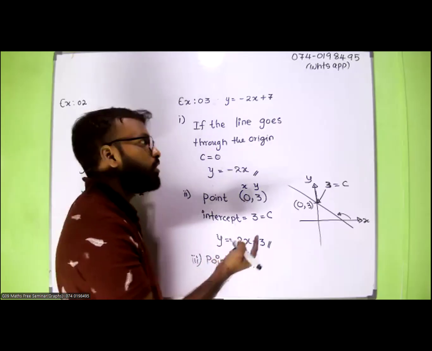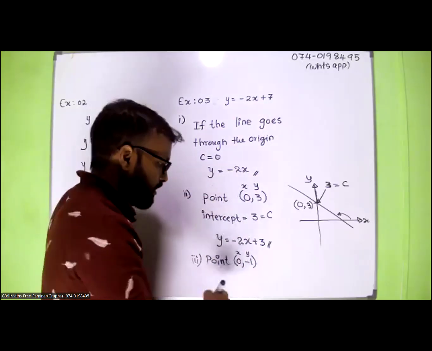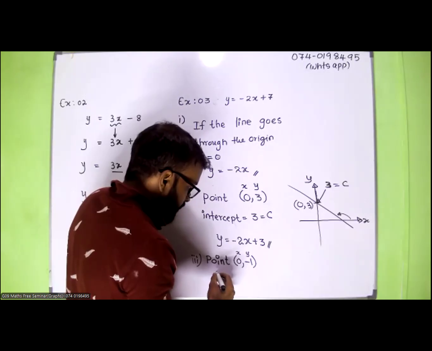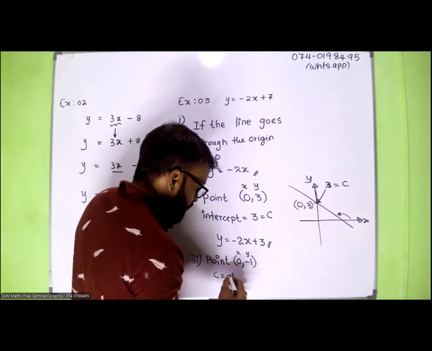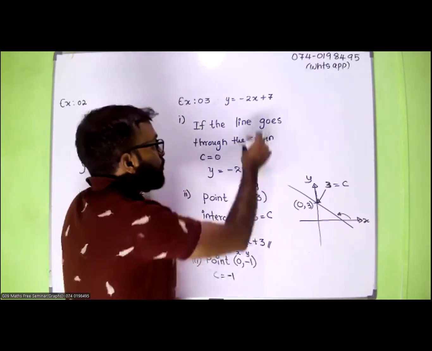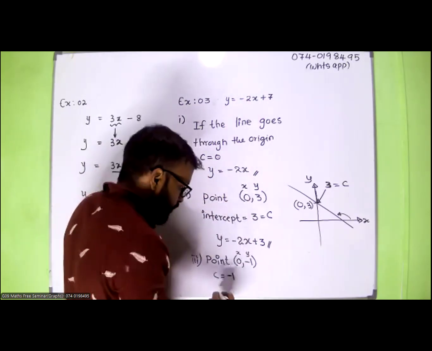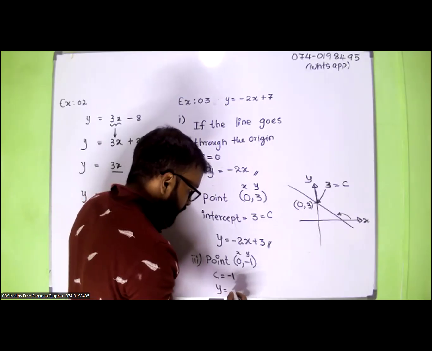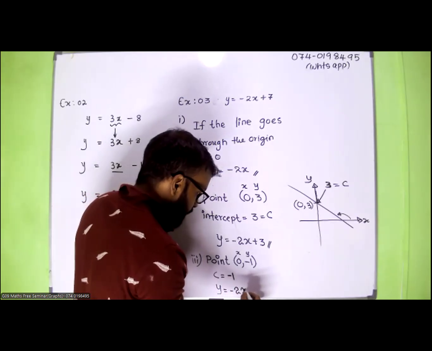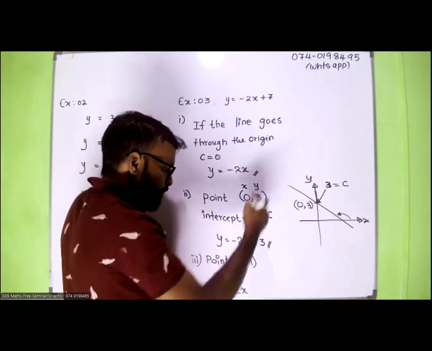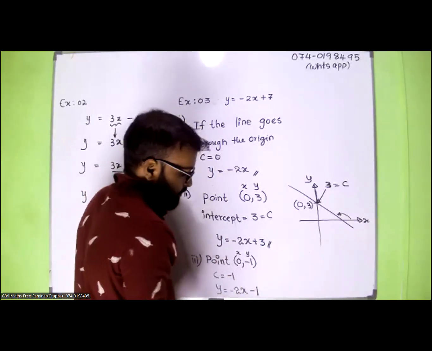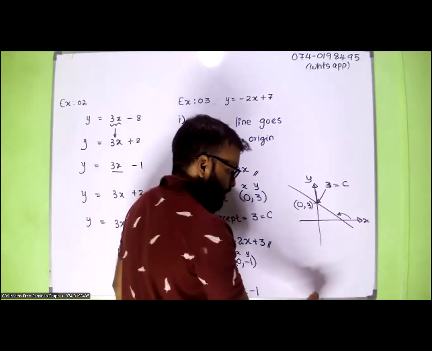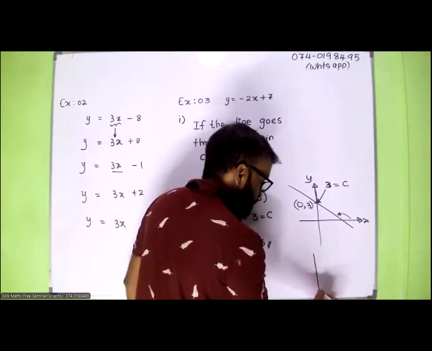So we are going to write down the parallel line for this. We can say your c, or the intercept, equals -1. C equals -1. So y equals -2x, now it is parallel, -2x plus c. Instead of c, I am going to put -1.